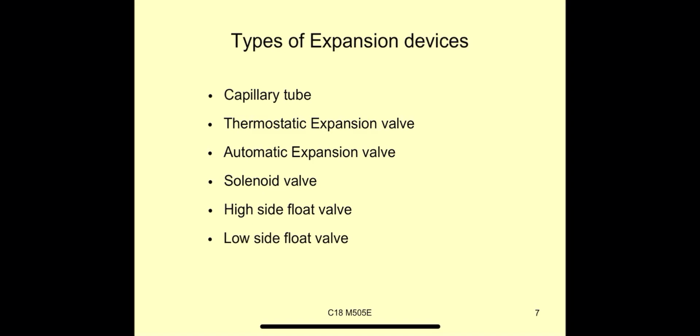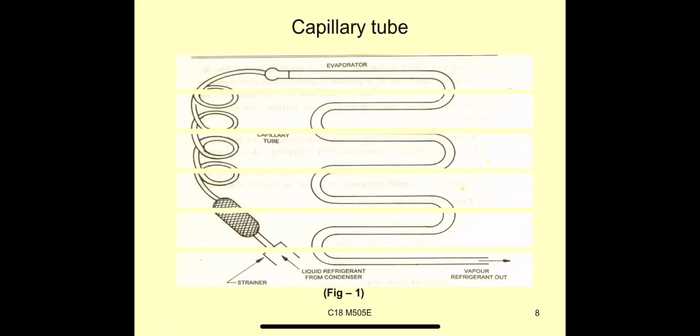Okay, next one is the capillary tube. See the diagram of the capillary tube. Here one is the capillary tube, another is the evaporator, and another is a strainer. First, liquid refrigerant comes from the condenser. Before the condenser we studied compressor to condenser, condenser to evaporator.